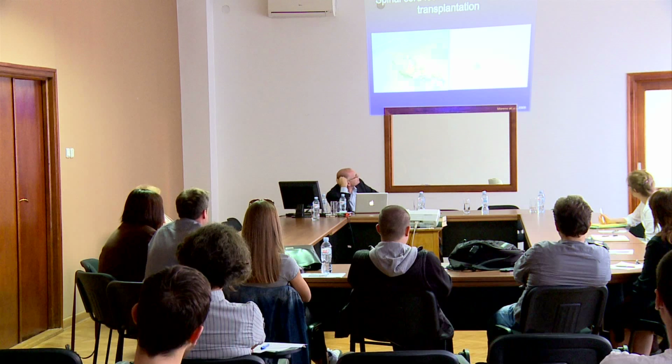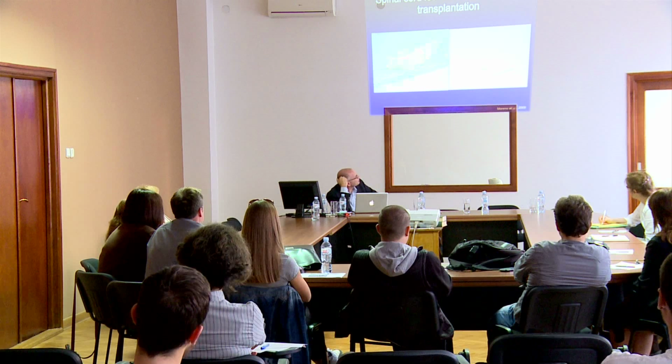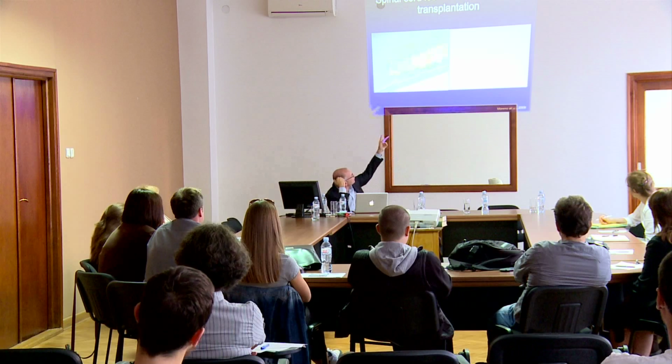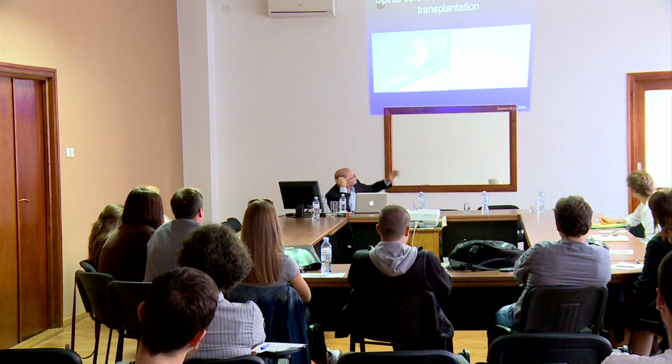The animals who obtained stem cells, an adult stem cell, endogenous neuronal stem cells, were able to use all four limbs and also the tail in 80% of these cases.